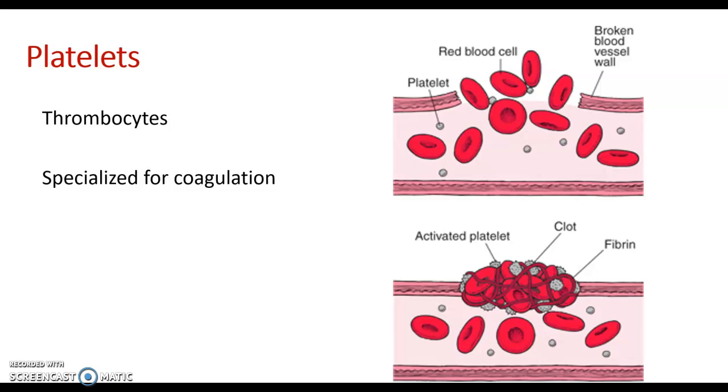So sometimes if you have a condition like hemophilia, the issue is that you're not creating fibrin or not creating enough fibrin. So you're not going to clot and you're going to continue bleeding, which obviously would be detrimental to the functioning of your cardiovascular system. So that's one example of what the consequences might be if that particular cell type isn't functioning as expected.